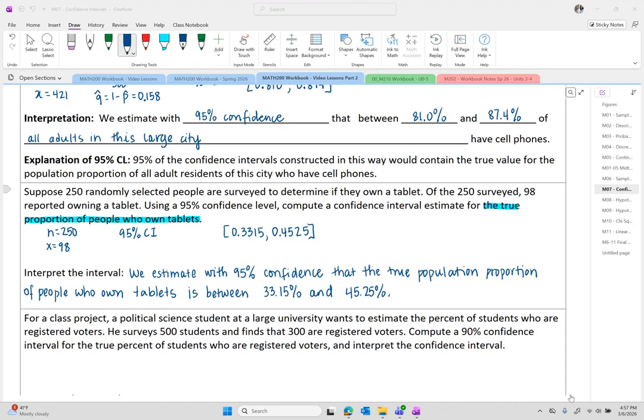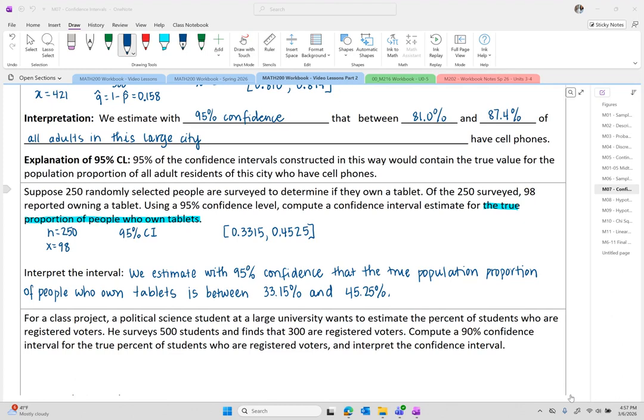We estimate with 95% confidence that the true population proportion of people who own tablets is between 33% and 45%. Remember that percentages do not have units because the fraction part out of the total has the same units in the numerator and the denominator, so they simplify.